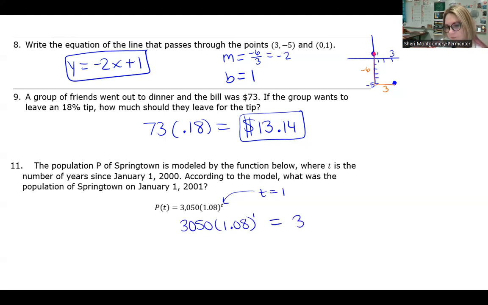Very good. And these are people, so you don't have to put a dollar sign. It's population, it is people.